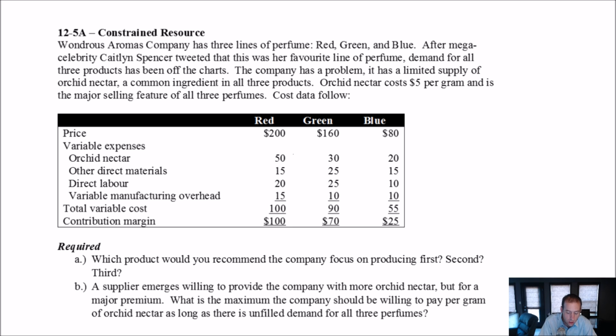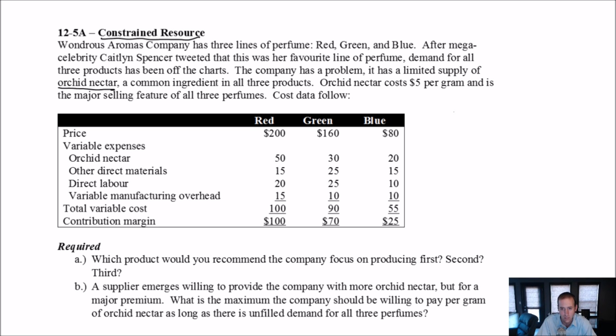So our challenge is, if we have a limited or constrained resource, which we do here, we have a limited amount of orchid nectar, we don't want to make the most profit per unit. That's generally a good goal, right?